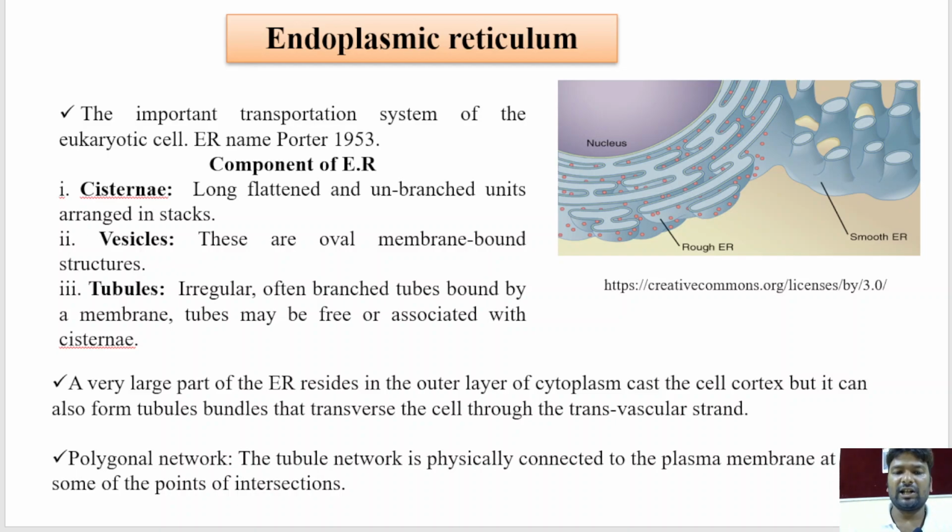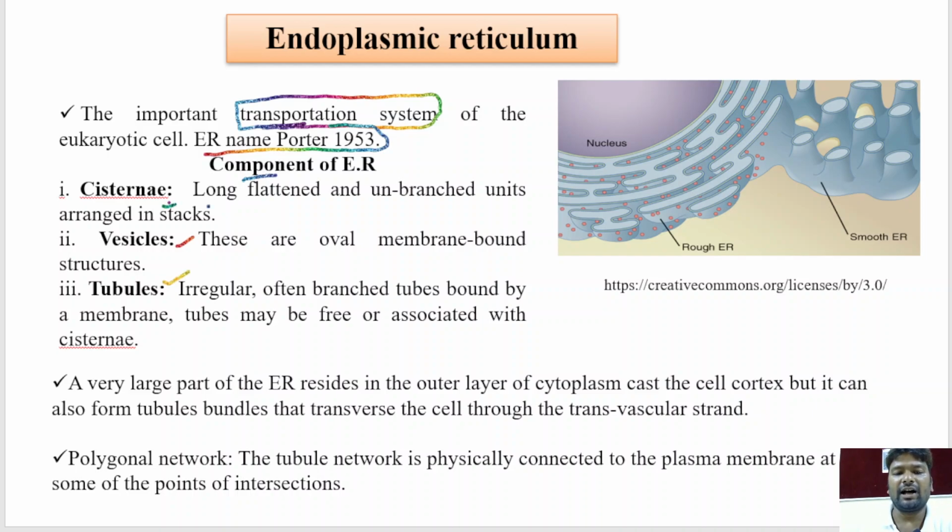So friends, this is the important transporting system of eukaryotic cells, because it is absent in prokaryotic cells, and the name was given by Porter in 1953. So this endoplasmic reticulum has three components. One is the cisternae, second is the vesicles, and third one is the tubules.